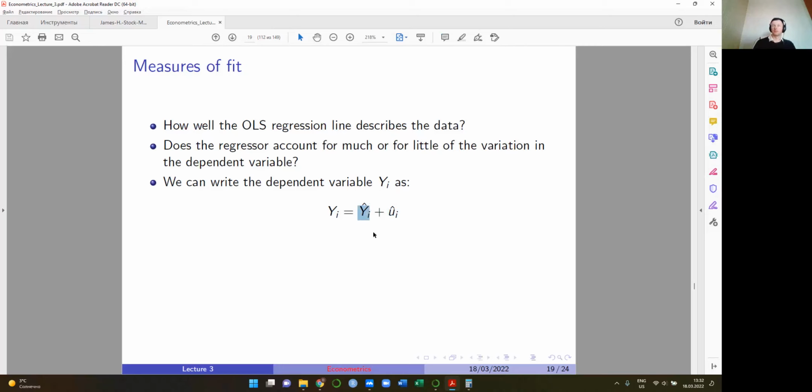May I interrupt? Why didn't we compare whether the change is important, like with hypothesis testing? Is there any way? Wait, yes. Don't confuse these two things.